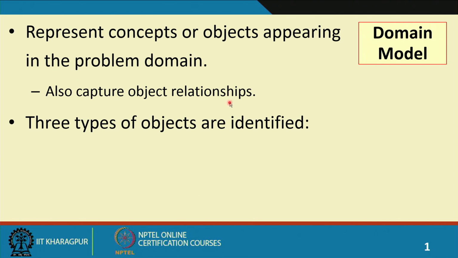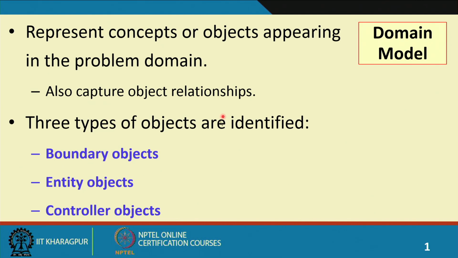Three types of objects are identified: the boundary objects, entity objects, and controller objects. These three types of objects have different ways of identifying them. The boundary and controller objects are rather straightforward to identify from a problem description. The entity objects are the ones which require skill and experience.